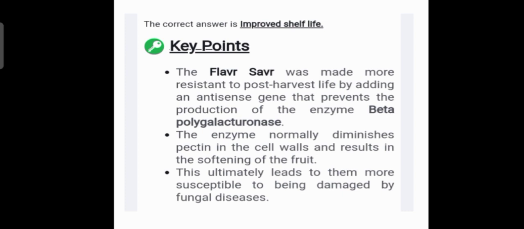Flavr Savr was made more resistant to post-harvest decay by adding an antisense gene, which prevents the production of the enzyme beta polygalacturonase. This enzyme normally breaks down the pectin in cell walls and results in softening of the tomato, which ultimately makes it more susceptible to damage by fungal diseases. So the answer is Flavr Savr, that is improved shelf life.